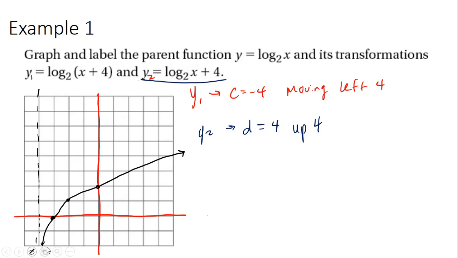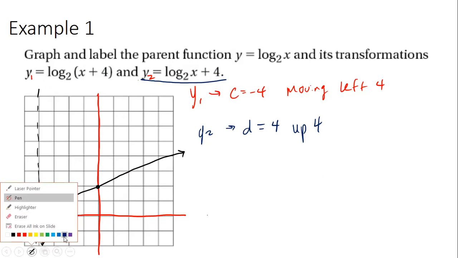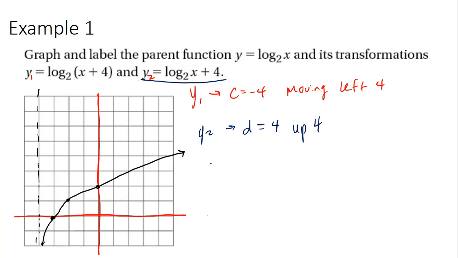All right, so now from here, I was at 1, 0. Now I'm going to go 1, 2, 3, 4. I'm now at 1, 4. I was at 2, 1. I'm going to go 1, 2, 3, 4. I was at 4, 2.